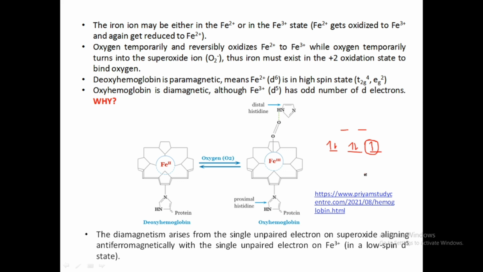So the diamagnetism arises from the single unpaired electron on superoxide aligning antiferromagnetically with the single unpaired electron on Fe3+, which is in a low spin d5 state. So both the unpaired electrons are going to couple antiferromagnetically with each other, giving rise to a paired system, or giving rise to diamagnetism in your oxyhemoglobin molecule.